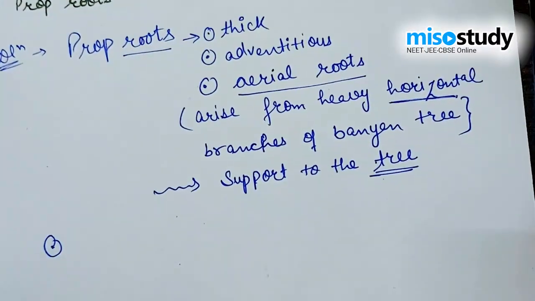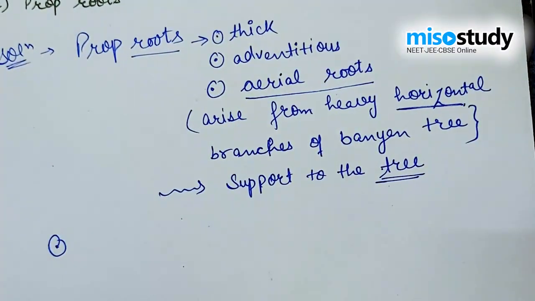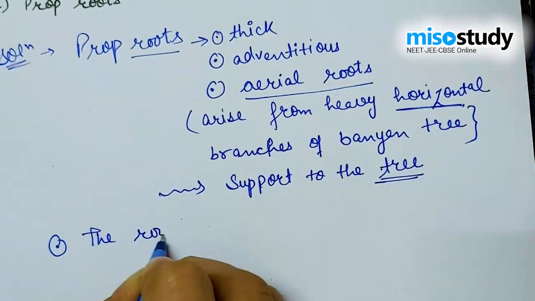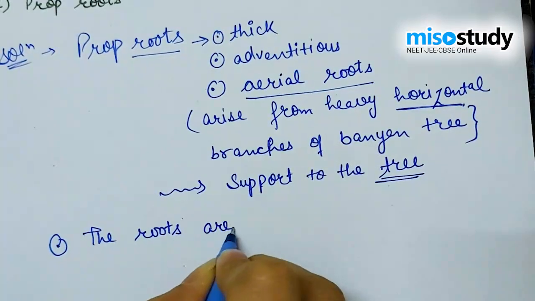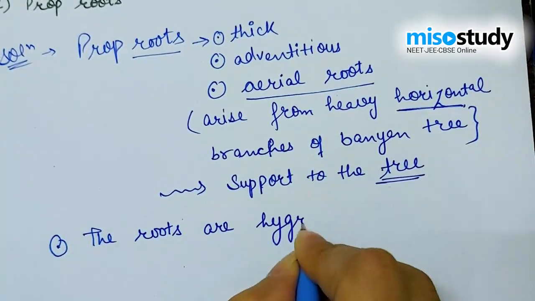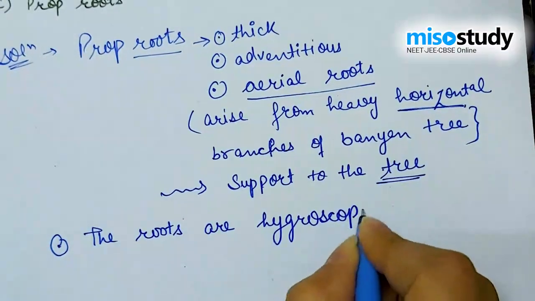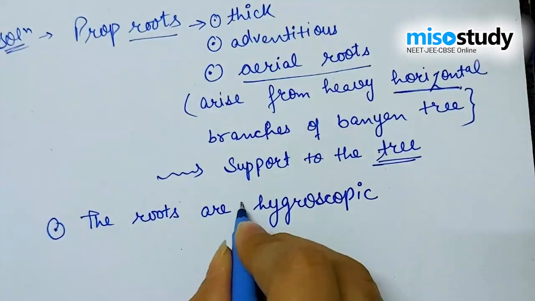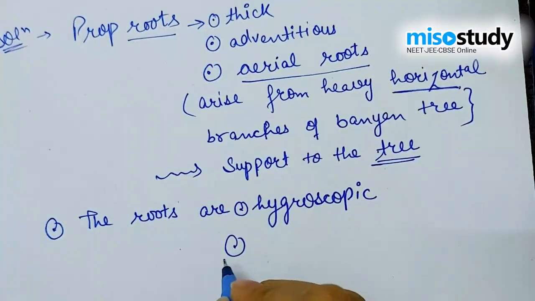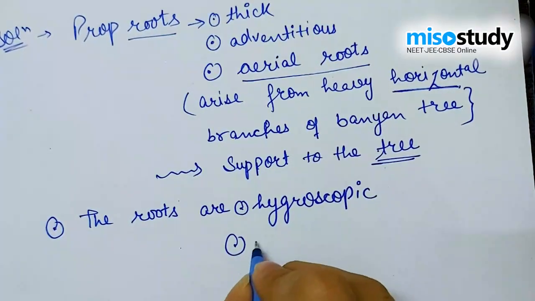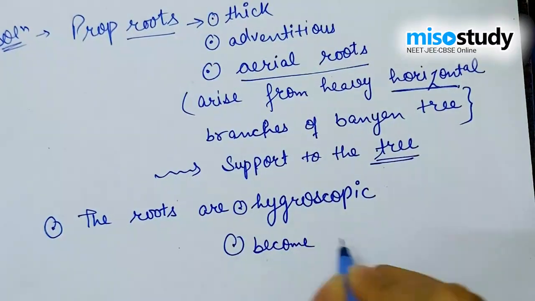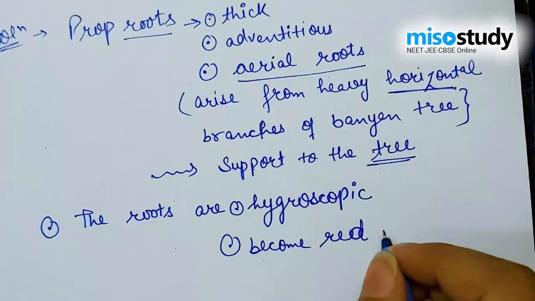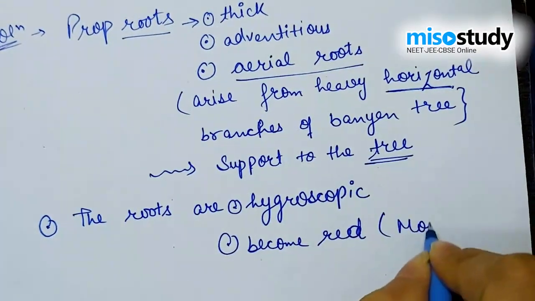How will these roots grow? The next question is, how will these roots grow, and what are the properties they offer? The roots are hygroscopic. First, they are hygroscopic. Next, they become red in moistened state.